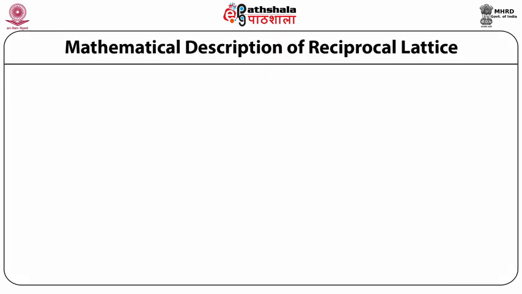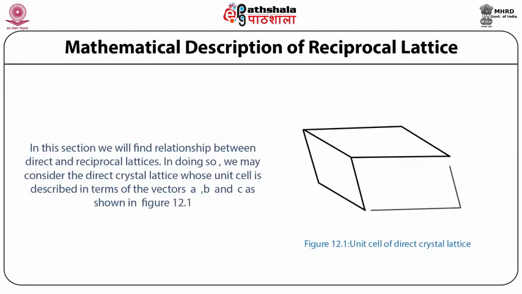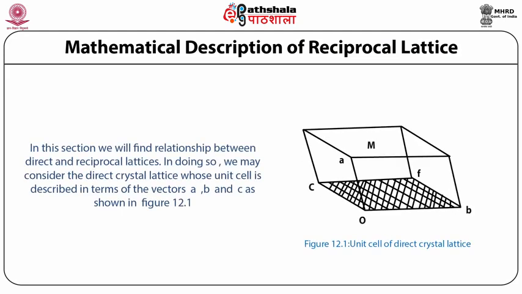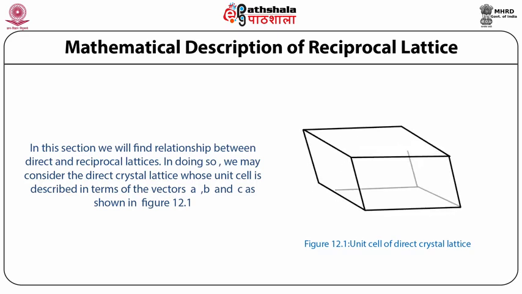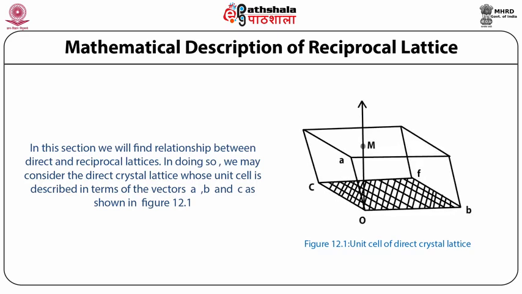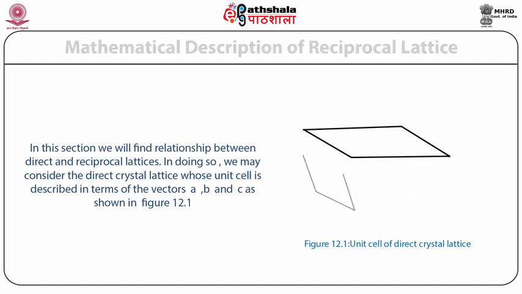Mathematical description of a reciprocal lattice. In this section, we will find the relationship between direct and reciprocal lattices. In doing so, we may consider the direct crystal lattice, whose unit cell is described in terms of the vectors a, b, and c as shown in figure 12.1.